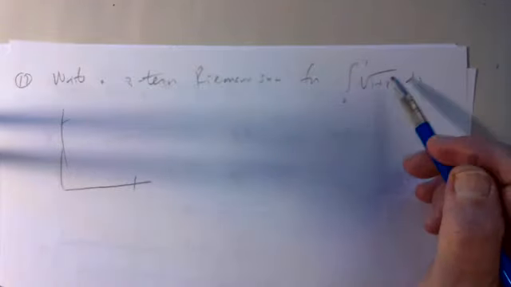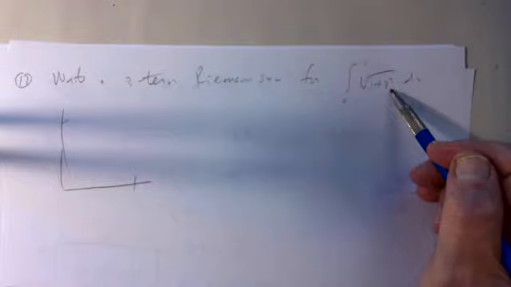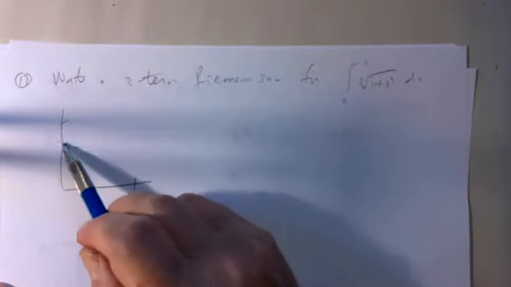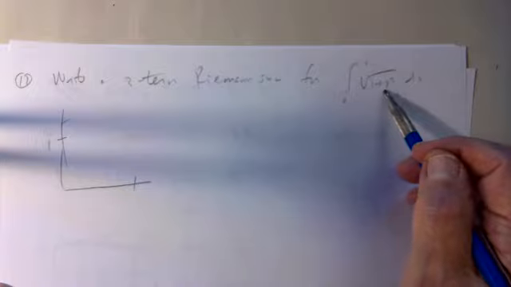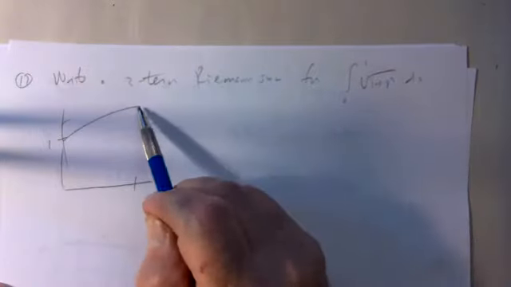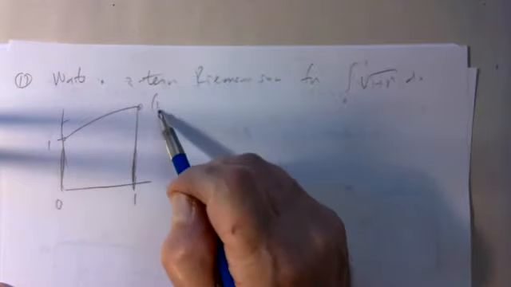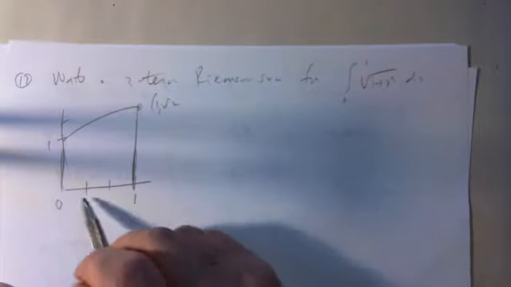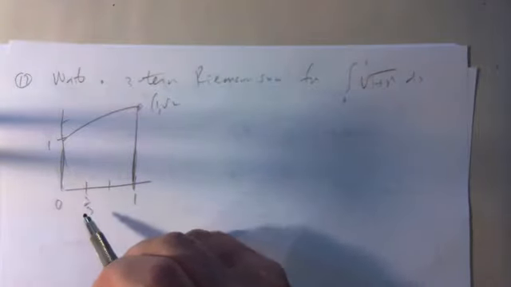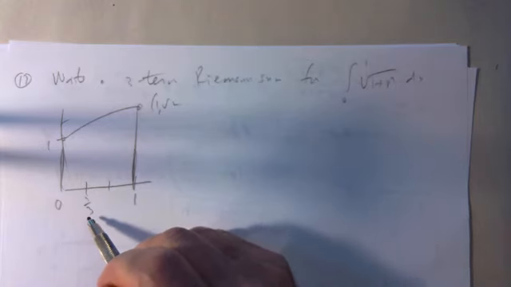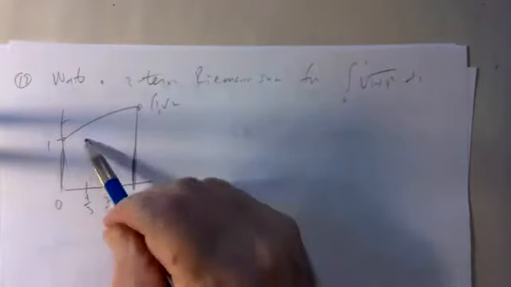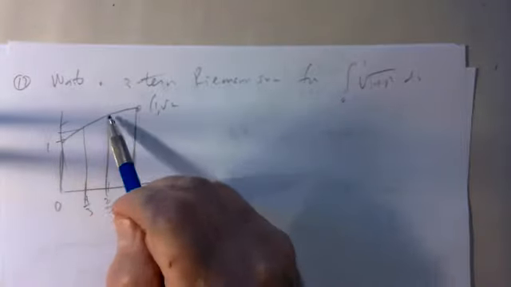So if you graph y equals the square root of 1 plus x squared, when x is 0, it's 1. And when x is 1, it's the square root of 2. So for a 3-term Riemann sum, you could divide this interval up into 3 pieces: one-third, 2/3.